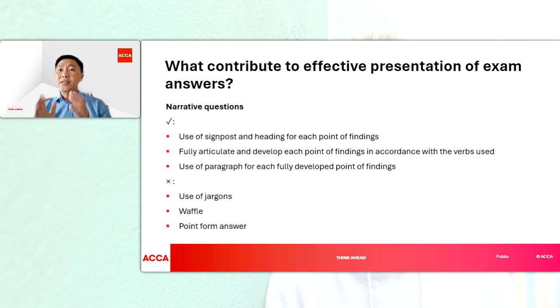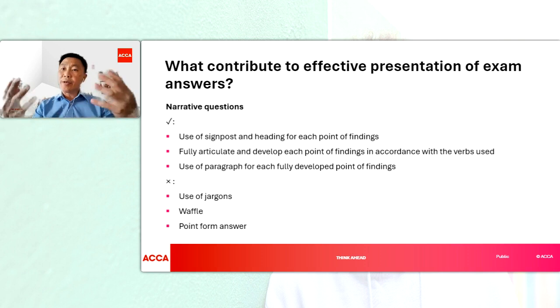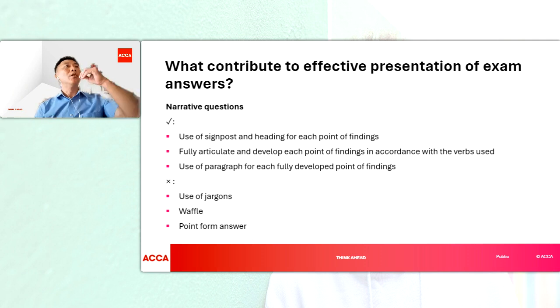In terms of the narrative nature of the questions, what exactly will give a good habit? And on the contrary, what are exactly the bad habits that we should try to avoid as much as we can? Looking at the first three bullet points on the top, whenever students are to produce the narrative answer for questions that ask to discuss, explain, comment, evaluate, remember to ensure whatever point you would like to narrate, try, if possible, to put it in with a signpost.